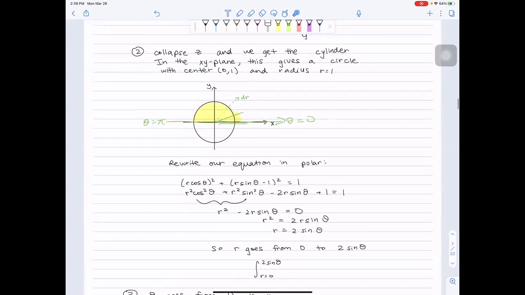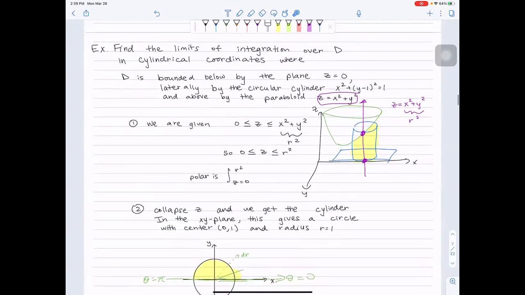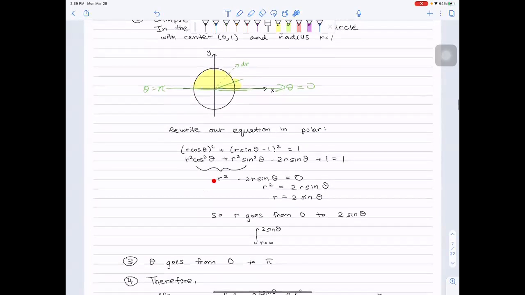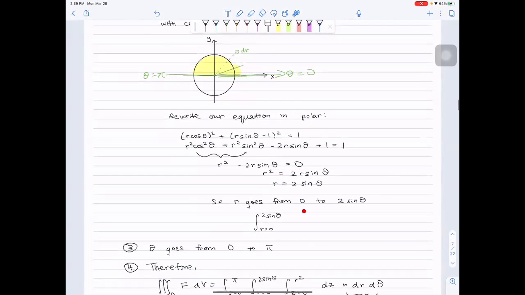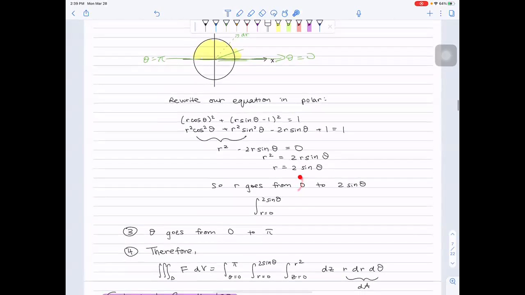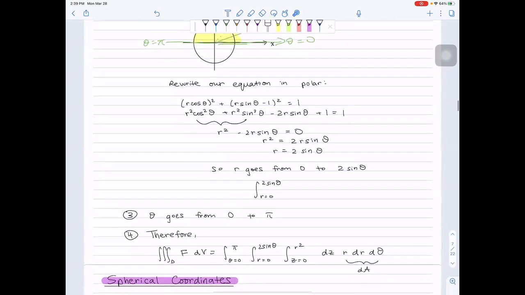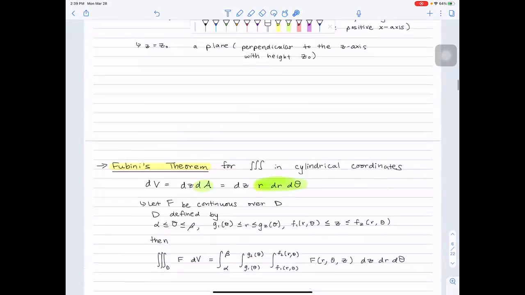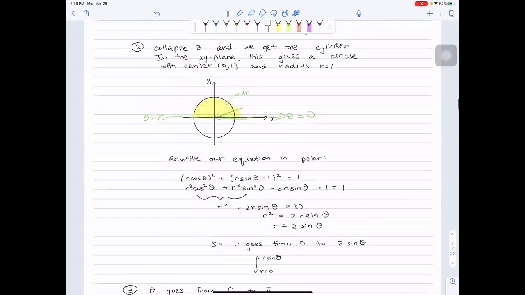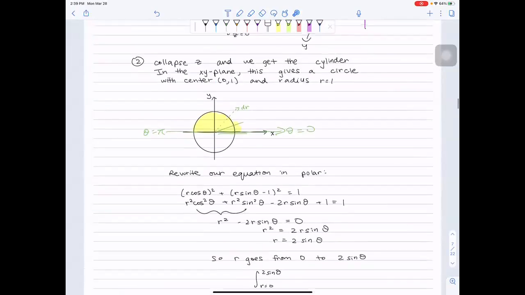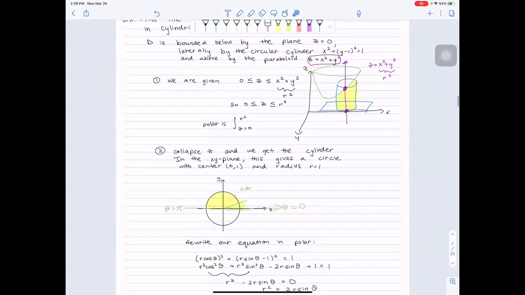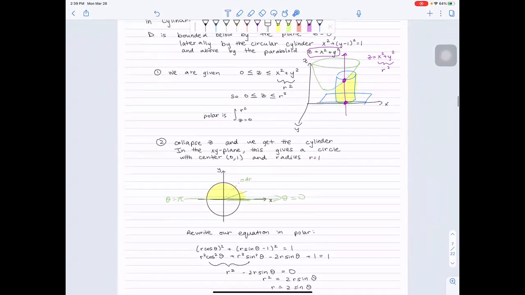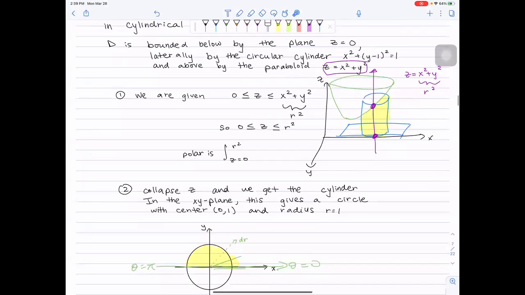Okay, so r goes, let me see. So r equals, oh, because everything in our cylinder is in the positive axis.